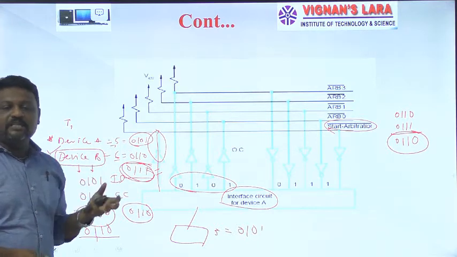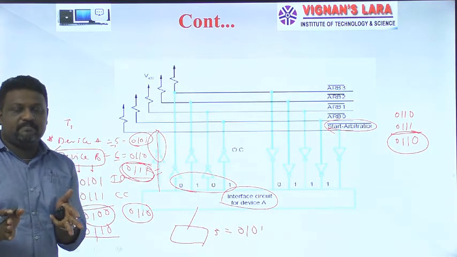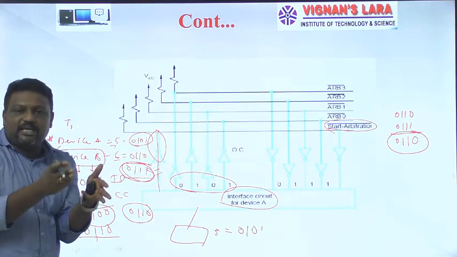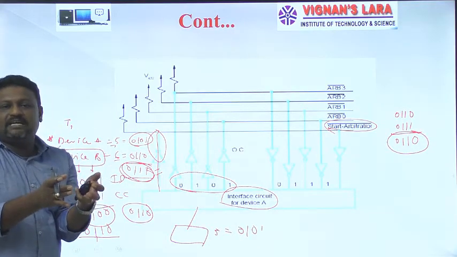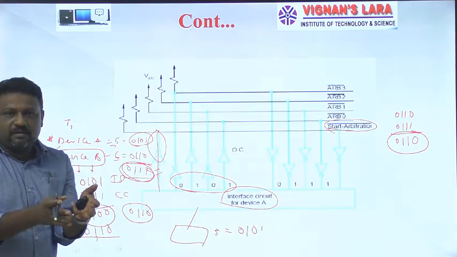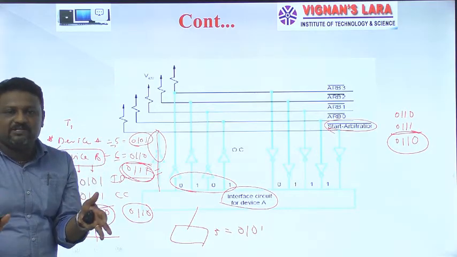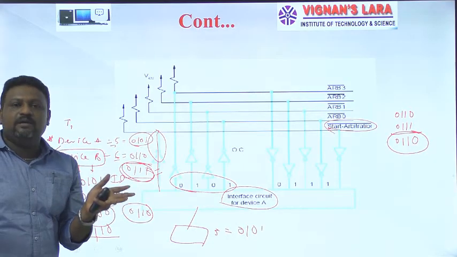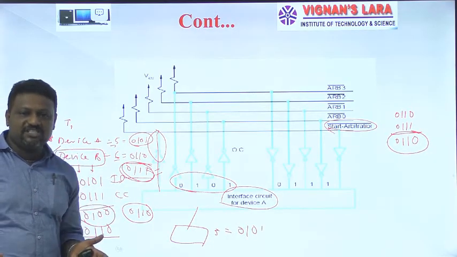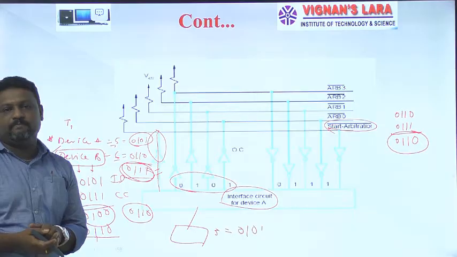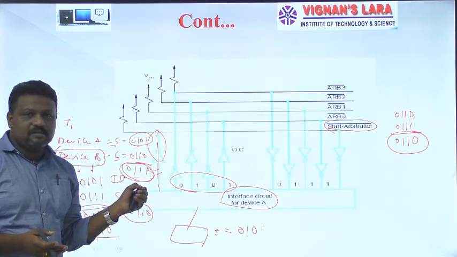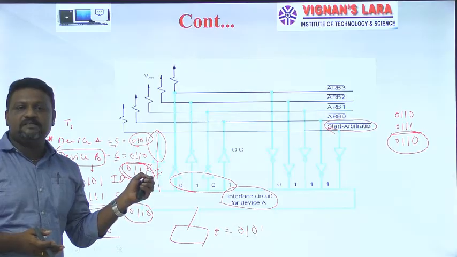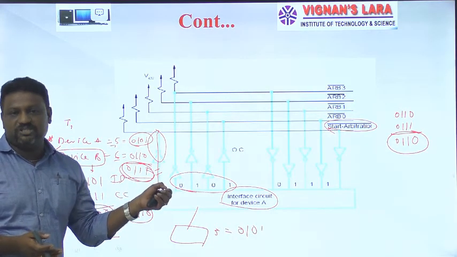That means in this particular race, both devices A and B are involved in getting bus mastership. But in the end, device B wins the race and the new bus master of your system is device B. So like this, in a distributed bus arbitration method, the devices get bus mastership.